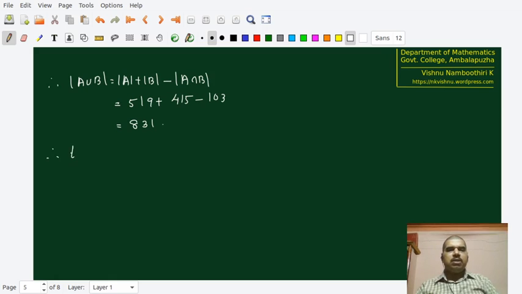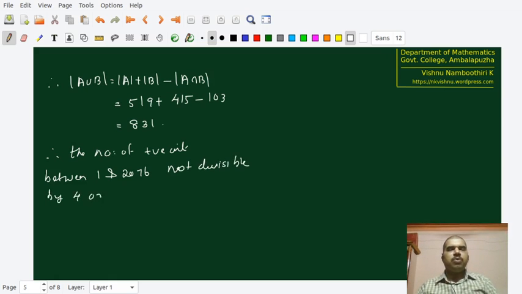Therefore, the number of positive integers between 1 and 2076 not divisible by 4 or 5 is equal to 2076 minus |A union B|, where A contains all multiples of 4 and B contains all multiples of 5.